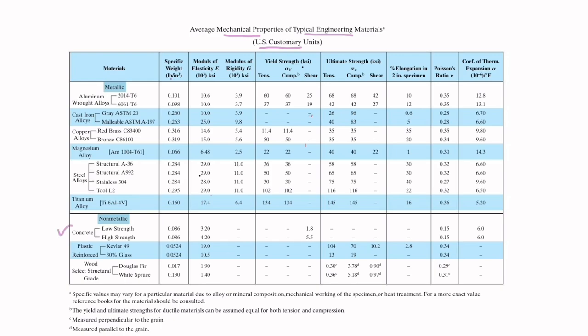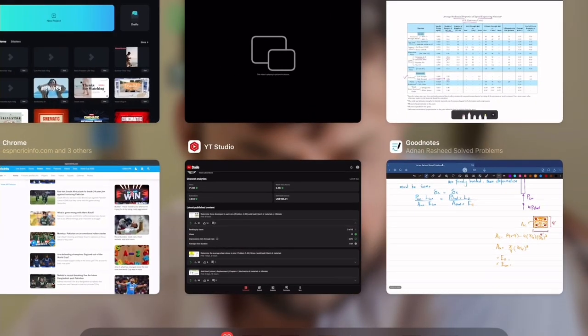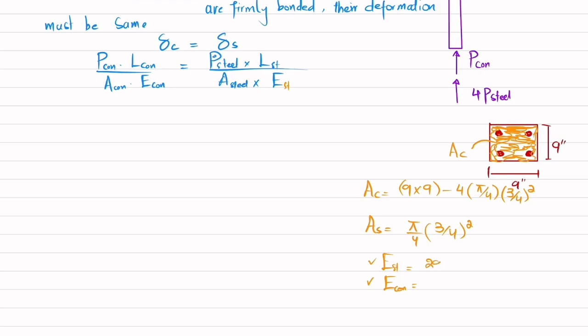For concrete, the value is 4.20 into 10 raised to power 3 ksi, and for A36 steel it is 29 into 10 raised to power 3 ksi. So note down these values: E of steel is 29 into 10 raised to power 3 ksi, and E of concrete is 4.20 into 10 raised to power 3 ksi.